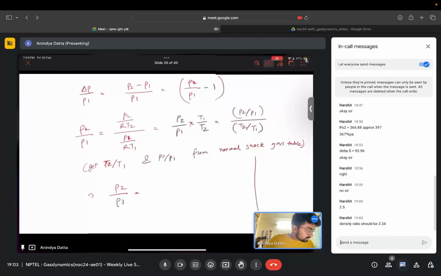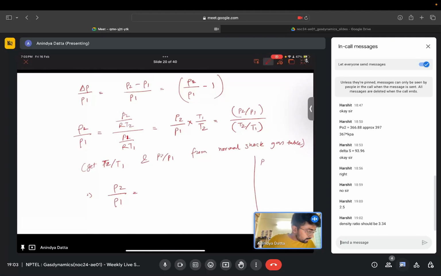So rho 2 by rho 1 becomes 7.125 divided by 2.1375, so this will get around 3.33.